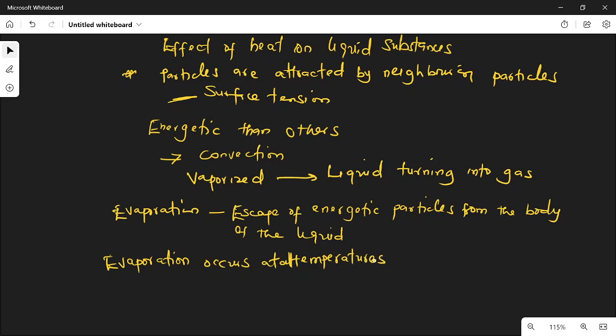Yes, evaporation occurs at all temperatures, and it's a direct proportionality, which means that when temperature increases, so as you begin to add energy and the temperature increases, your evaporation rate too increases.